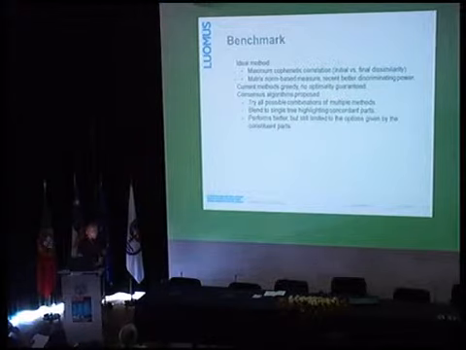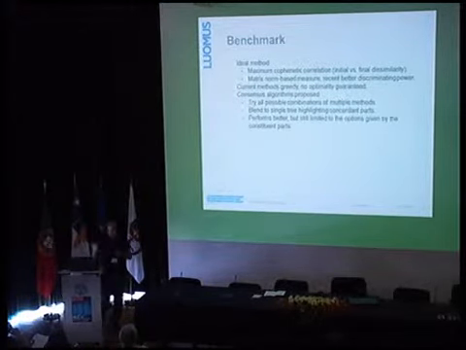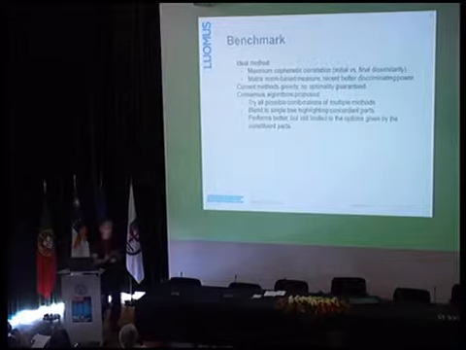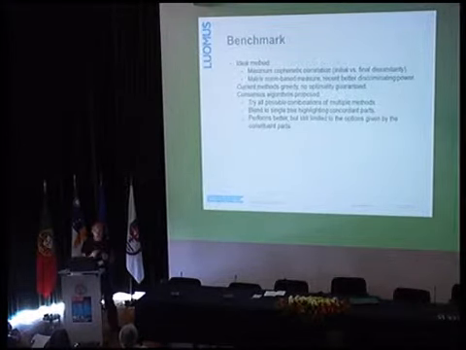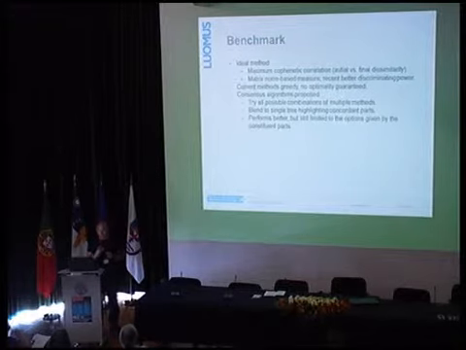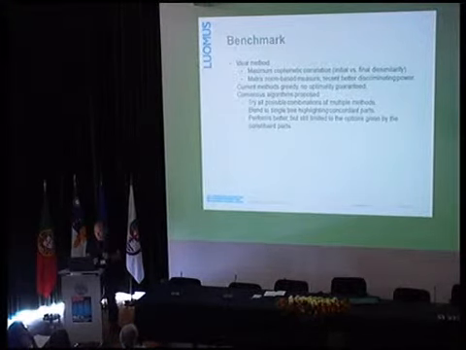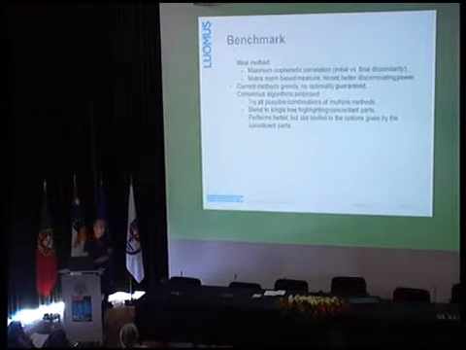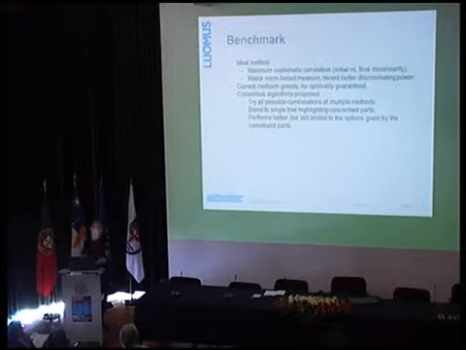In the meanwhile, some consensus algorithms have been proposed, basically to try all possible combinations of multiple methods, using these three that I've shown and all other methods, and see which parts are common to all the trees and which parts are discordant, and trying to blend everything into a single tree. It usually performs better than just using a single method.